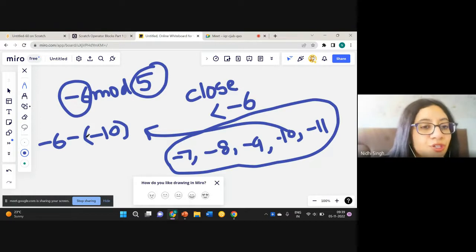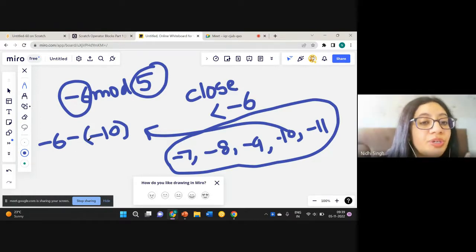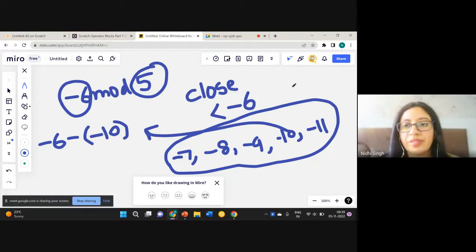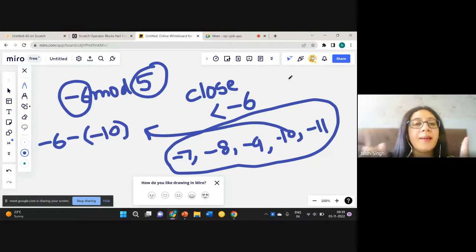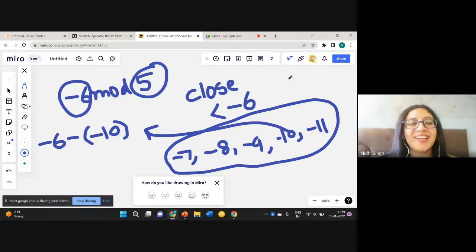Minus will change to plus. Always, plus minus will always give minus. Plus is plus only. Minus minus will give the sign of plus. I made that table, ma'am, I forgot. Okay, no problem.